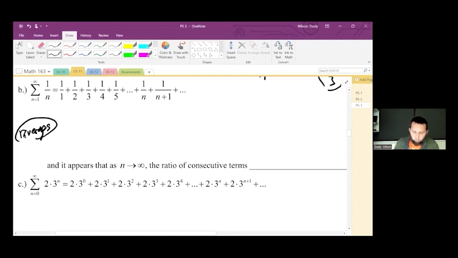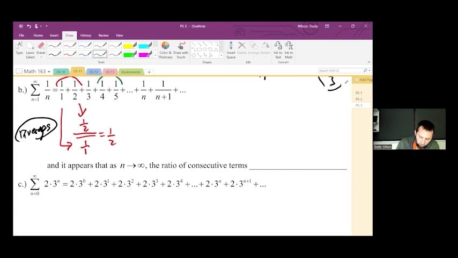All right, so we're going to play the same game as before. We're going to look at consecutive terms. So maybe I will look at the first two terms. I have 1 over 2 divided by 1 over 1, and if I simplify, this is going to be 1 over 2.